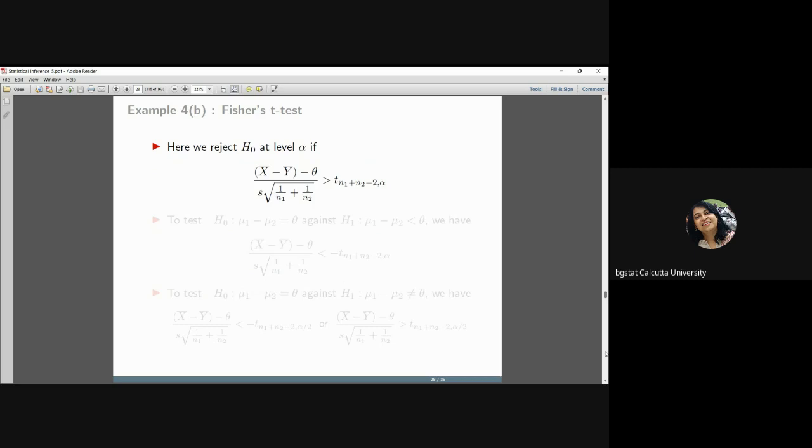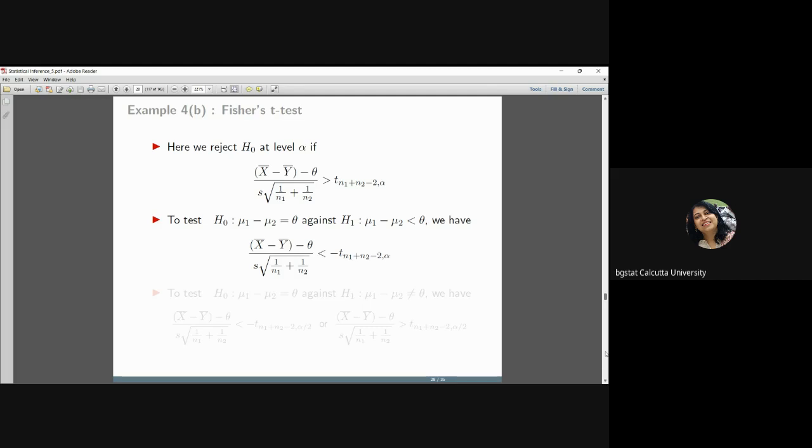So we reject H naught at level alpha if this is greater than the corresponding alphath percentile of the distribution, which you look up from tables or software. When I say alphath percentile, I mean the value for the t distribution with n1 plus n2 minus 2 degrees of freedom which has an area of alpha to its right.